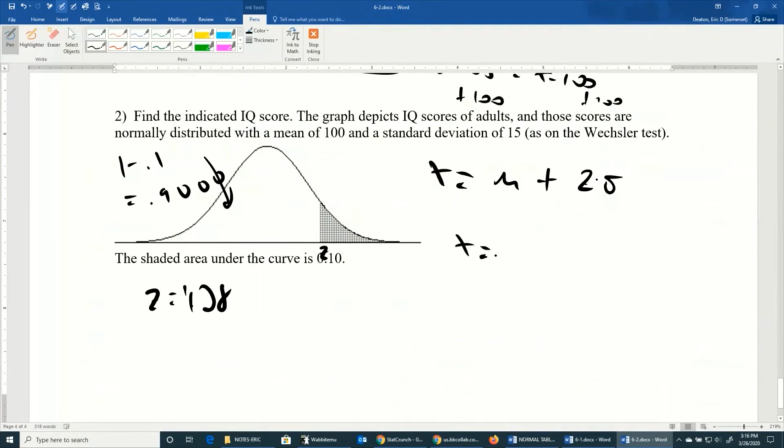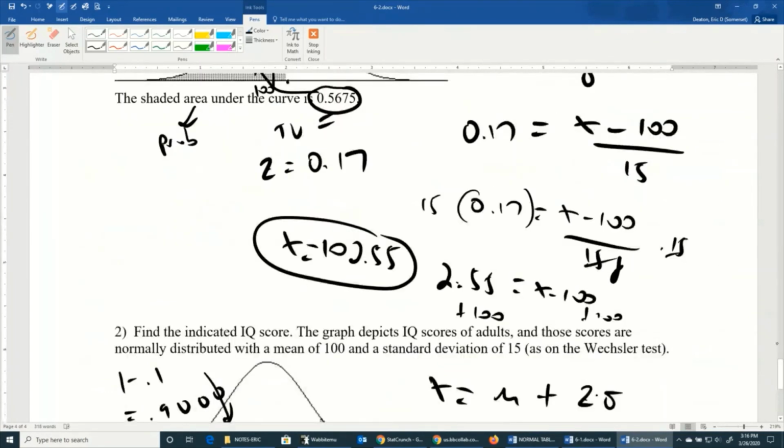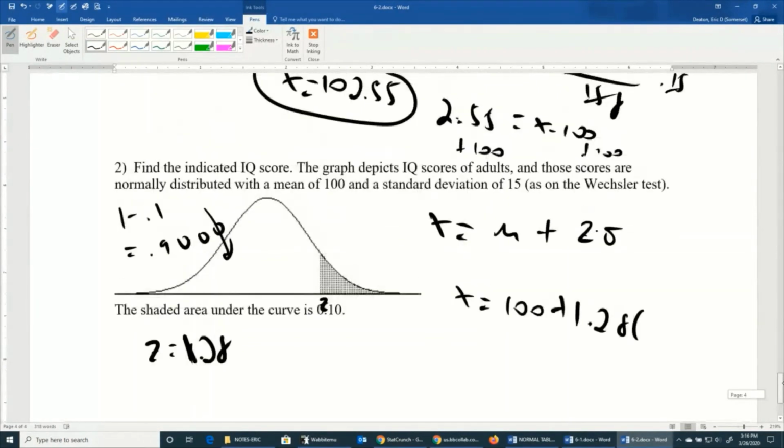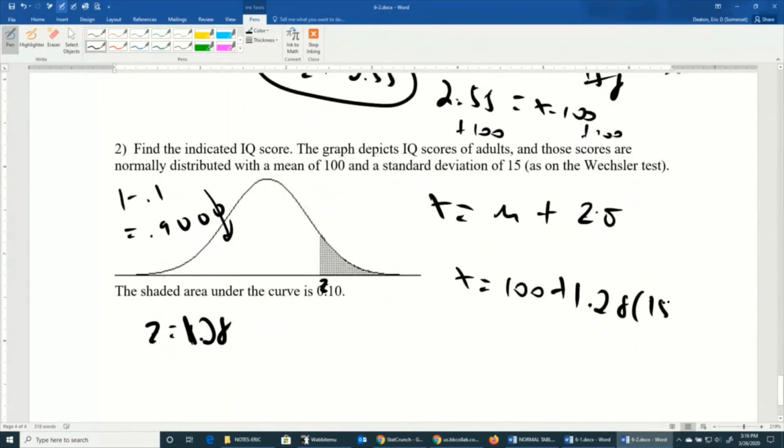And you would use the mean of 100 plus 1.28, which is found from the table, times the standard deviation, which is 15.